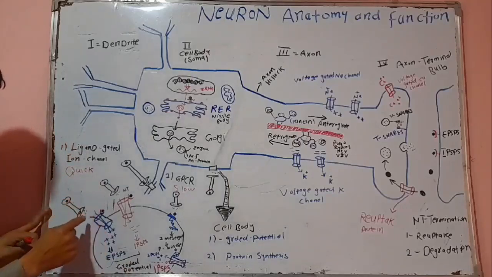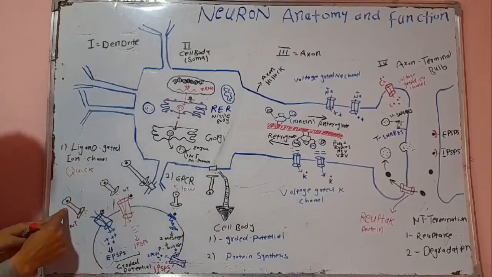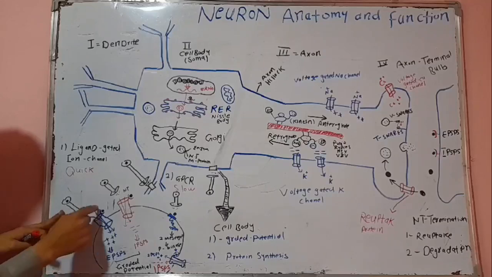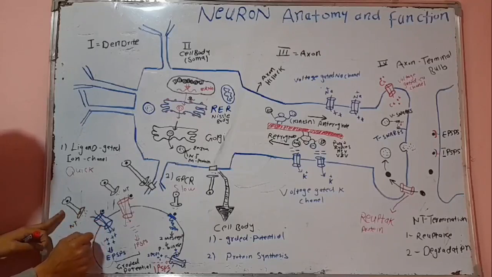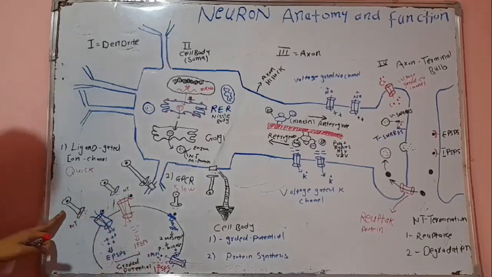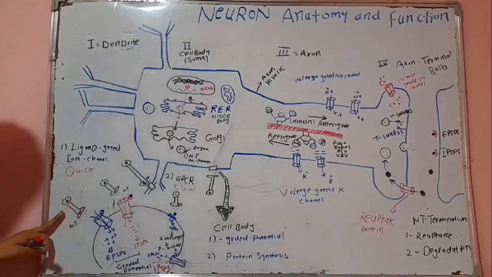Suppose there is a neuron, and the neuron releases its neurotransmitter. This neurotransmitter will act on the receptor site of this ion channel, and this channel will open and the positive charge will increase within the cell membrane of this dendritic portion.